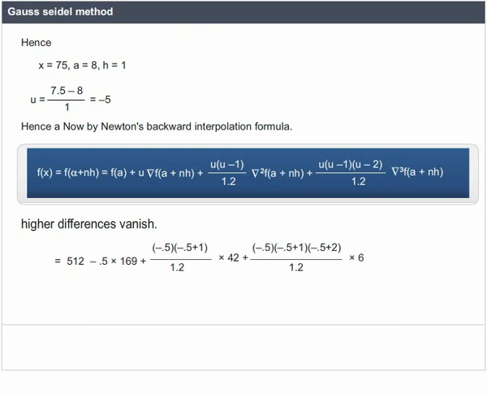Equal to 512 plus (−0.5) into 169 plus (−0.5)(−0.5 + 1)/(1 into 2) into 42 plus (−0.5)(−0.5 + 1)(−0.5 + 2)/(1 into 2 into 3) into 6, then equal to 512 minus 84.5 minus 5.25 minus 0.375, then finally 412.875.